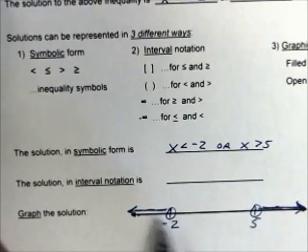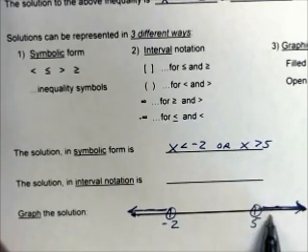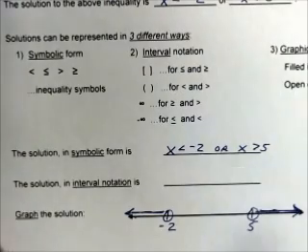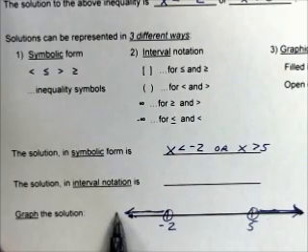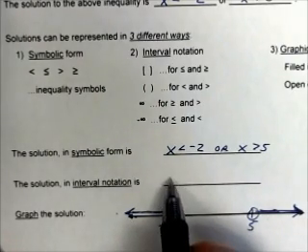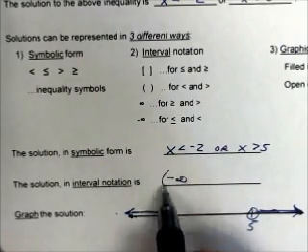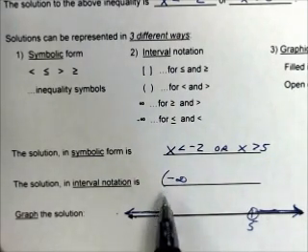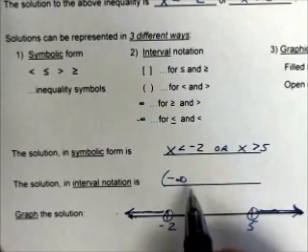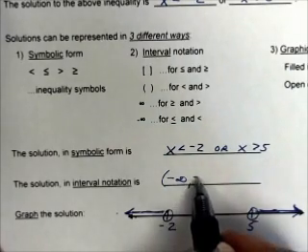Now we have 2 shaded sections on our number line. So for interval notation, we're going to have 2 intervals. What's way out here to the left, that is negative infinity, and our infinities always start with a parenthesis. So parenthesis negative infinity, comma, it's coming up to negative 2.